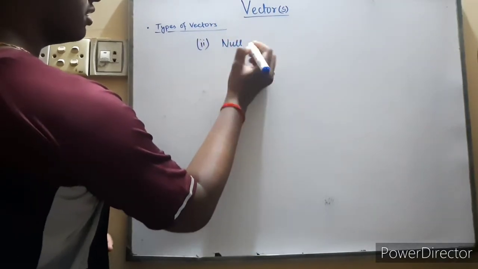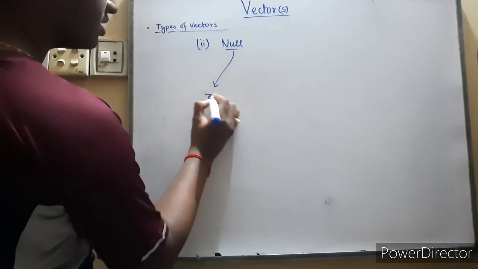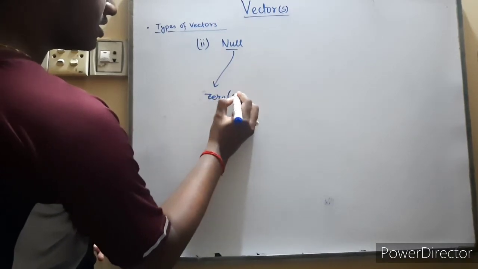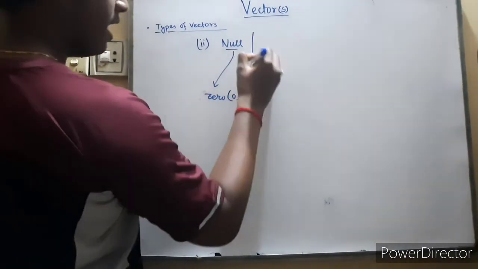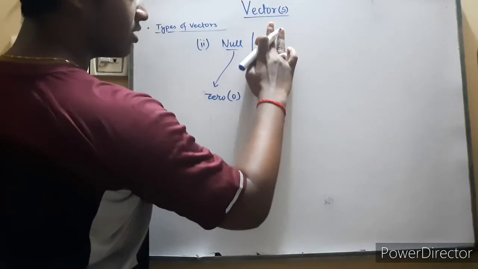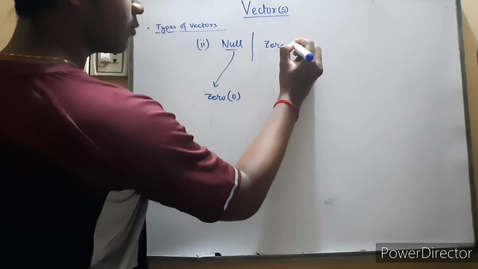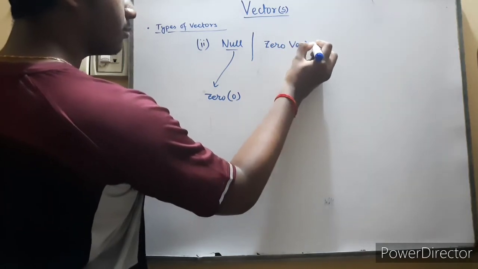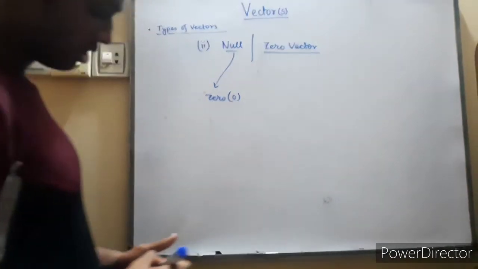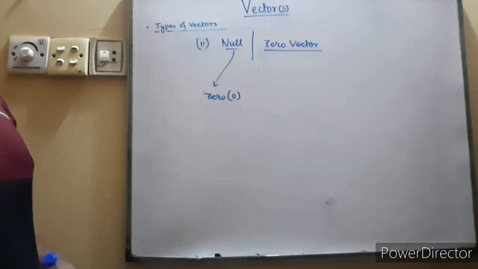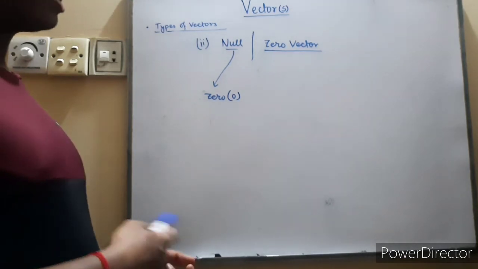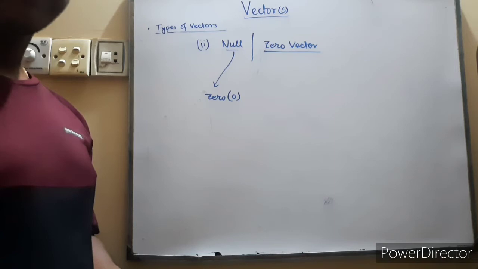Now we are going to discuss null vectors. You know what null means? Null means zero. So a null or zero vector. What is a zero vector? We know what a unit vector is, right? A vector with unit magnitude is called a unit vector.